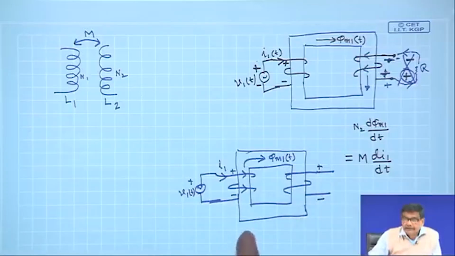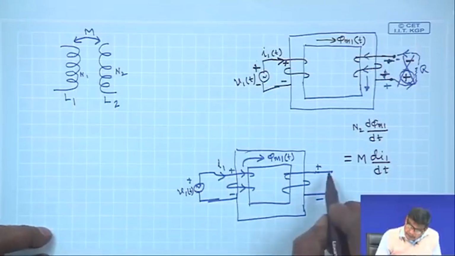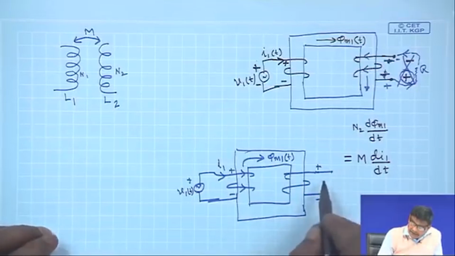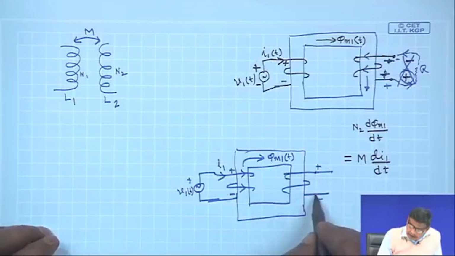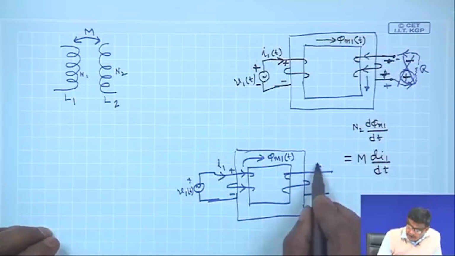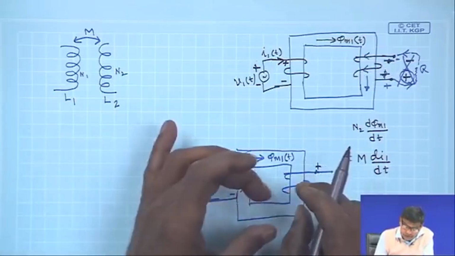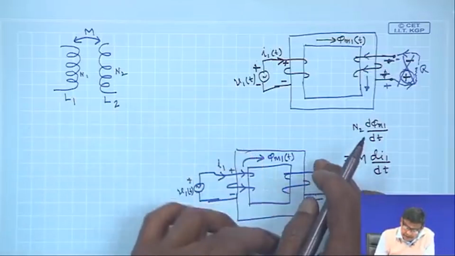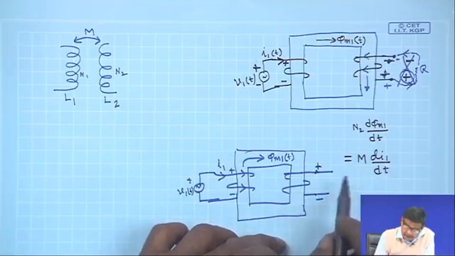Let us see whether it is consistent with Faraday's prediction or Faraday's law. So, once again this has become a source of EMF at that instant, with this side plus, this side minus.